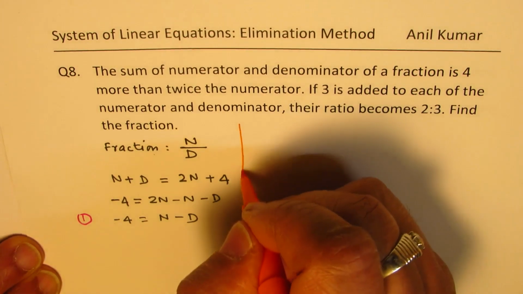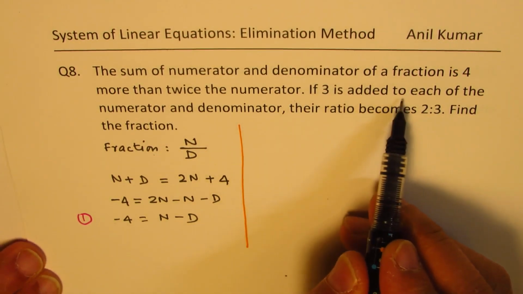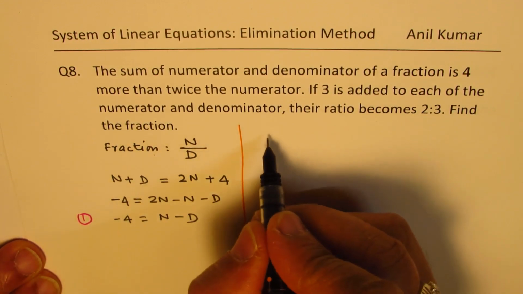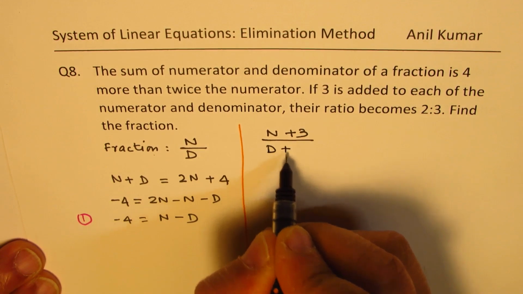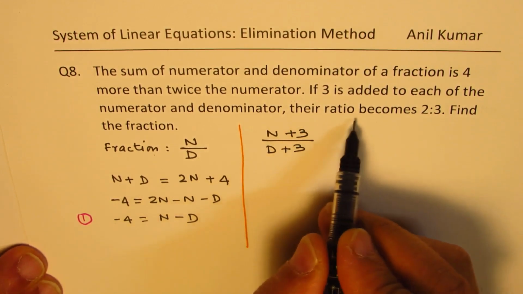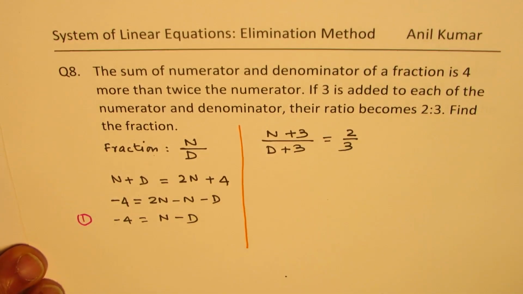Now let's look into the second condition and find the second equation. If 3 is added to each numerator and denominator, that means numerator plus 3, denominator plus 3, their ratio becomes 2:3. Clear? So we get our equation.